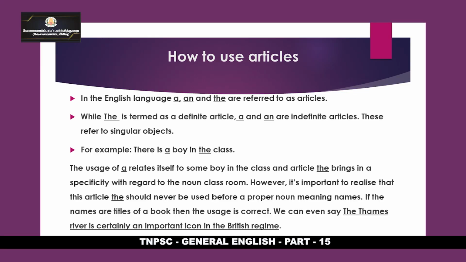Look at the sentence: The Thames River is certainly an important icon in the British regime. The Thames River, so there the can be used, is an important icon, to say it is one of the important icons in the British regime. Regime is, of course, rule.